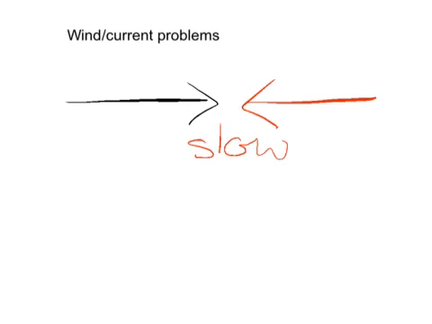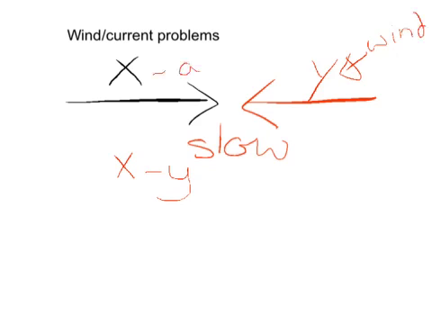So if we represent the plane speed with x and the wind speed with y, and we're going slower, we take the wind speed and subtract it from the airplane speed.